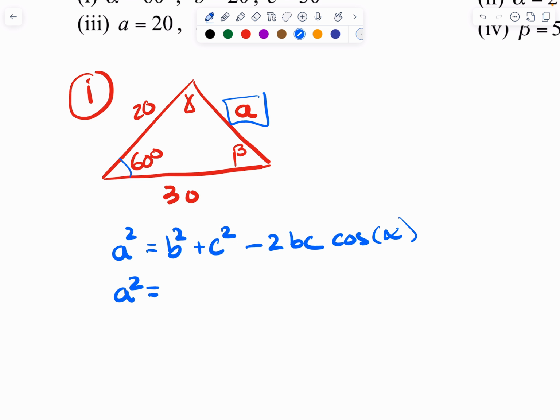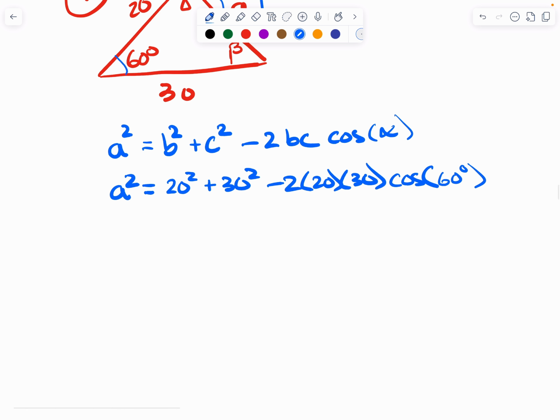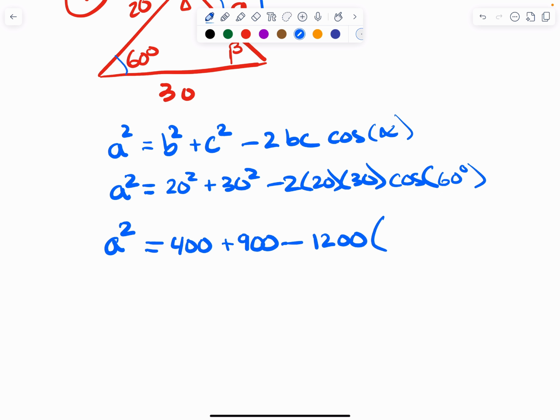B squared is 20 squared, C squared is 30 squared, minus 2 times 20 times 30 times the cosine of 60 degrees. So A squared is 400 plus 900 minus 1200 times the cosine of 60 degrees.